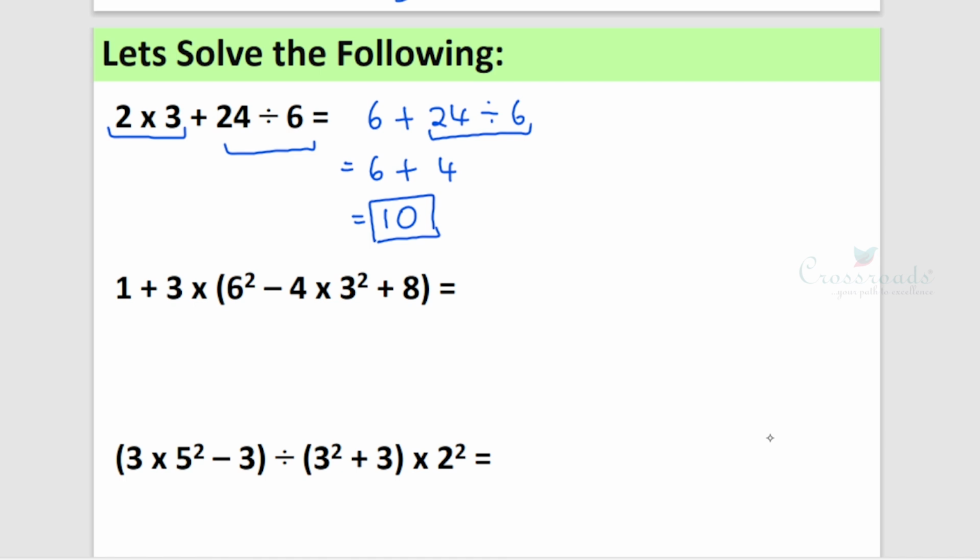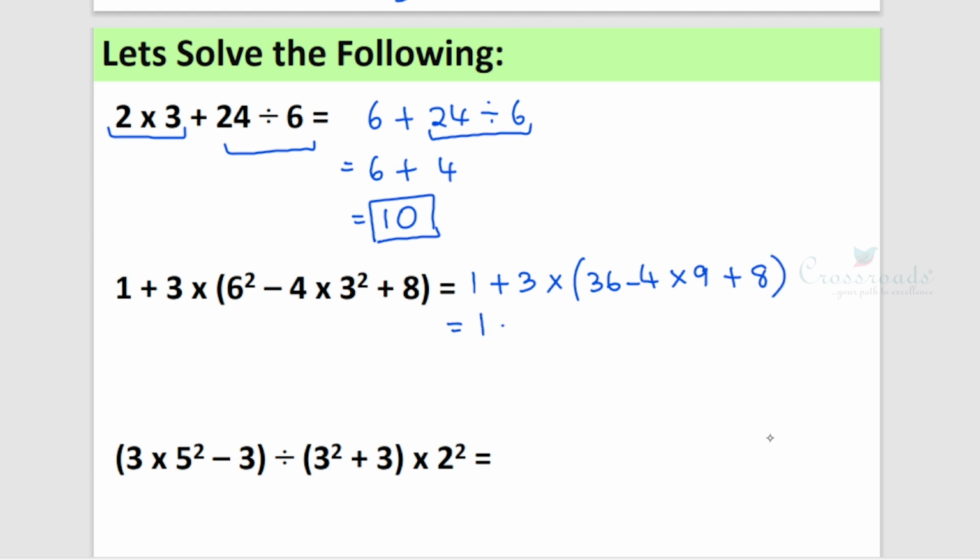Going on further, 1 plus 3 into, within the bracket, 6 square minus 4 into 3 square plus 8. So here 1 plus 3 into, we solve the exponents first. 6 square is nothing but 36 minus 4 into 3 square is nothing but 9 plus 8.